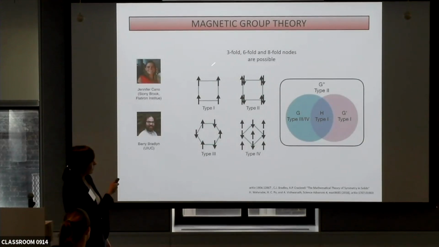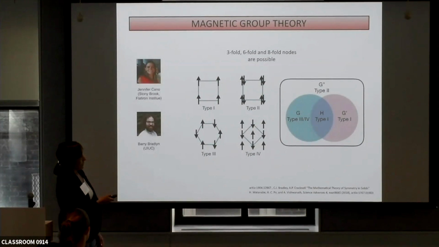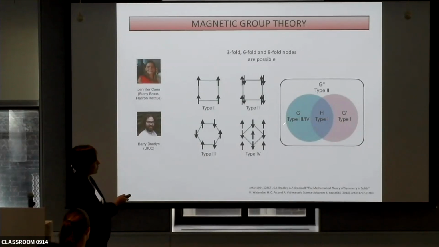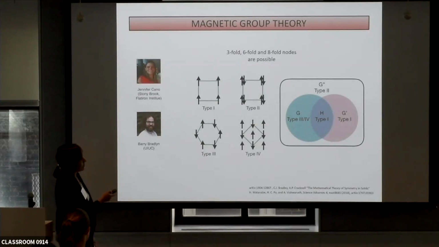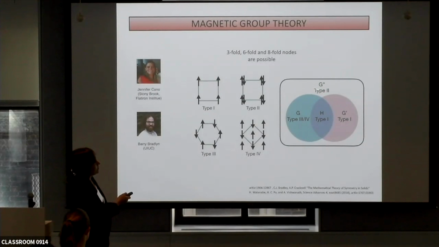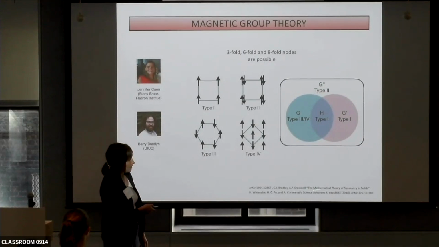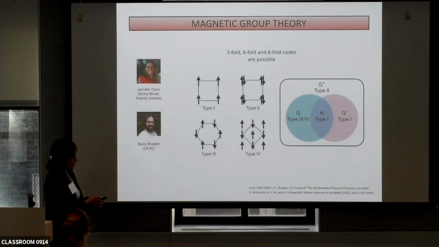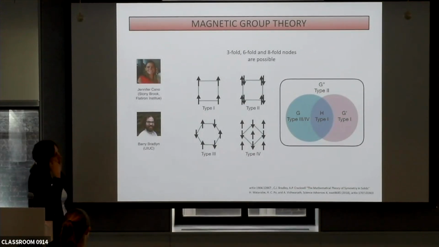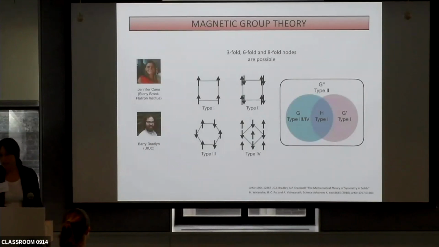So that one is pretty much straightforward to find. Type 2 are the non-magnetic ones. For type 3, we see that type 3 and type 1 share the same unit cell, so we can find the high dimensional irreps of G prime in G. And for type 4, it's more tricky technically, so an algorithm is given in this book that, by following it, we can actually find the high order nodal crossings in magnetic materials.